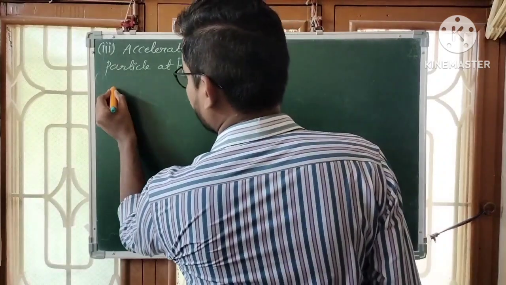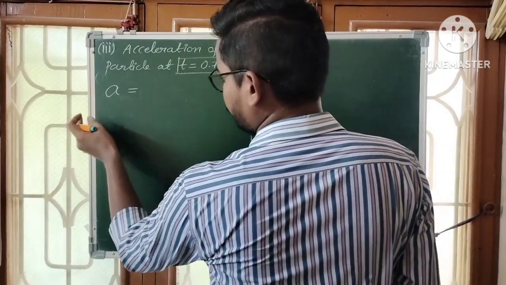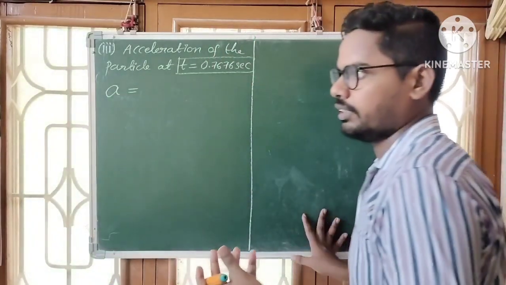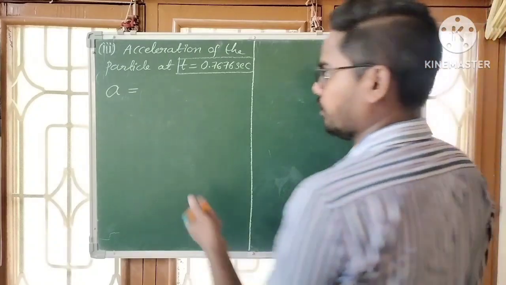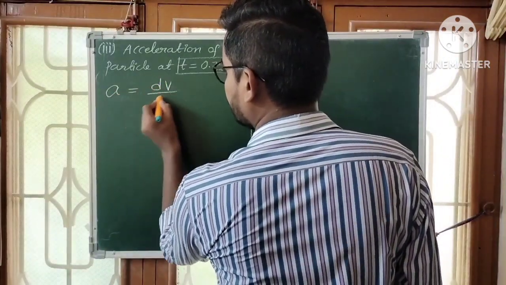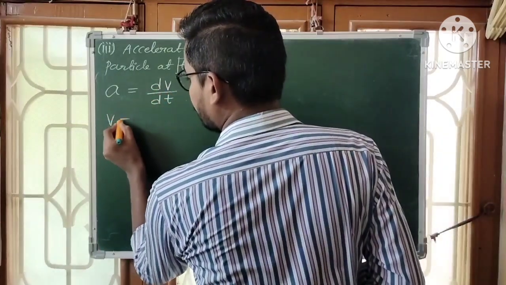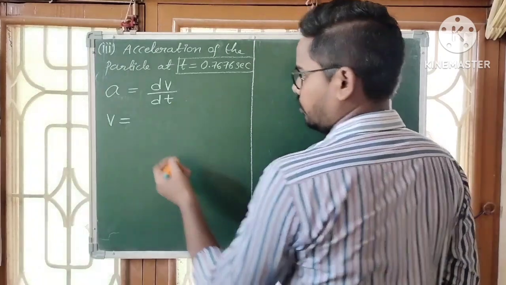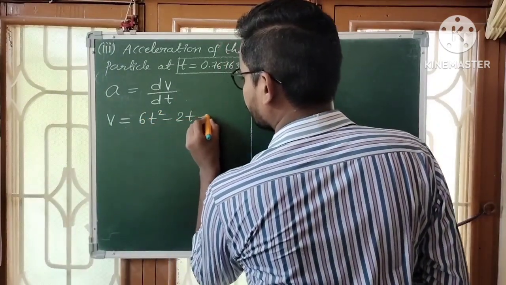Earlier we discussed the basic formulas of differentiation, and also velocity and instantaneous acceleration. Instantaneous acceleration is equal to the rate of change of velocity with respect to time, dv by dt. So what is velocity? We have got velocity v is equal to 6t square minus 2t minus 2.